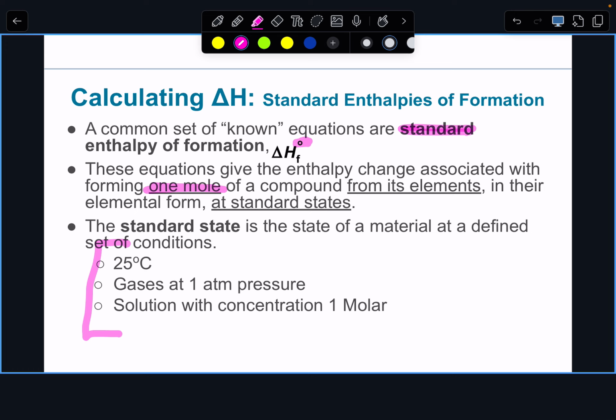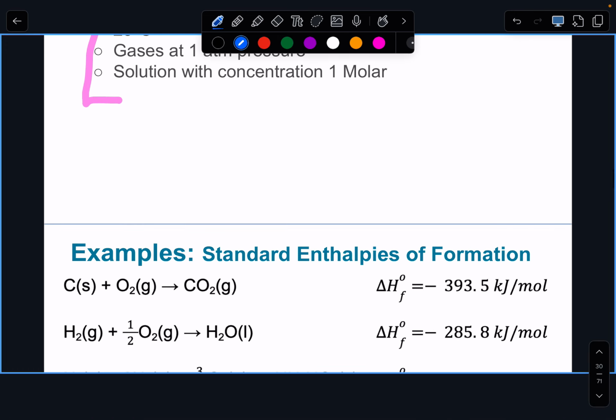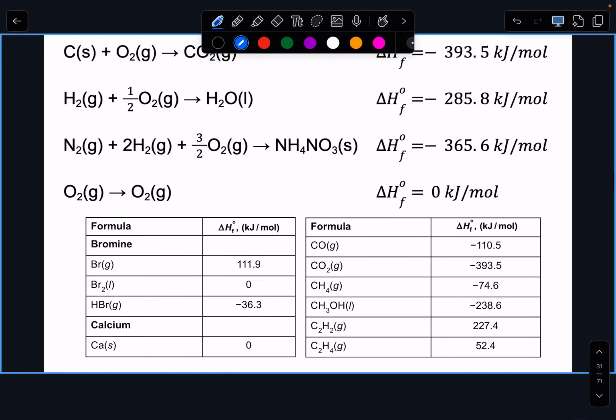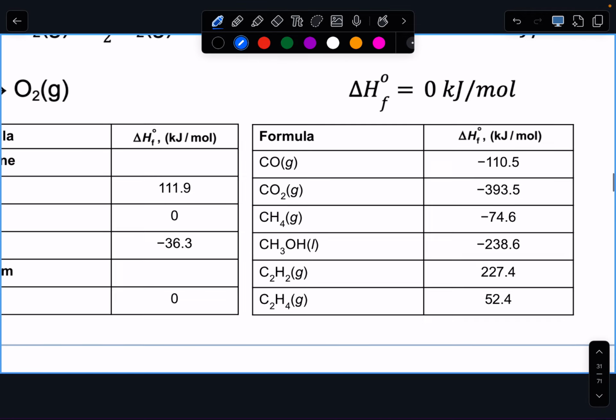So for example, just show you one of those at the bottom here. So, for example, if I want to form 1 mole of CO2, or rather, if I want to know what reaction, let me show you what it looks like in the tables first. Oh, there's a good example right there.